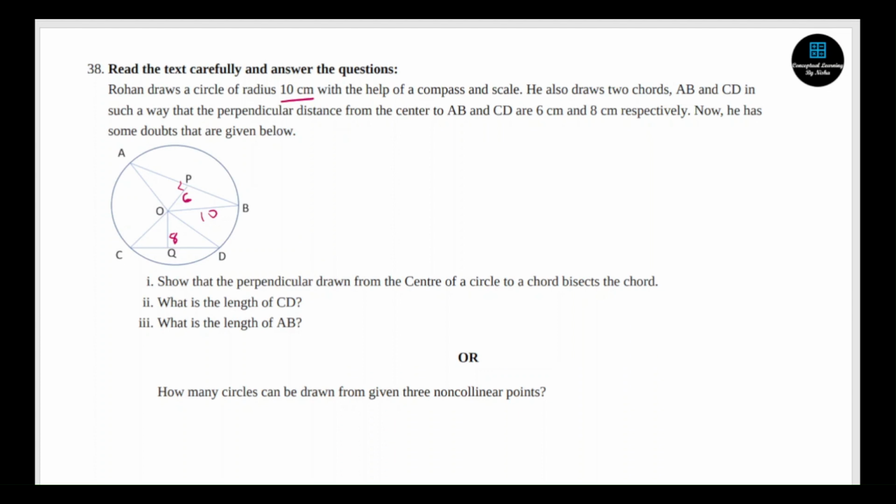So what you can say here, this triangle, if you take AOP and this, okay, so both are 90 degrees, right? These are, because these are perpendicular, that is given to us. OB equals OA, radii, right? And what else you can say?